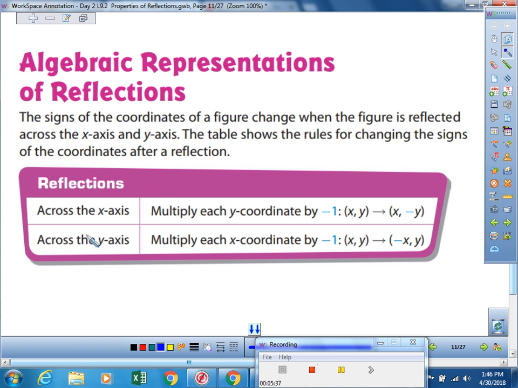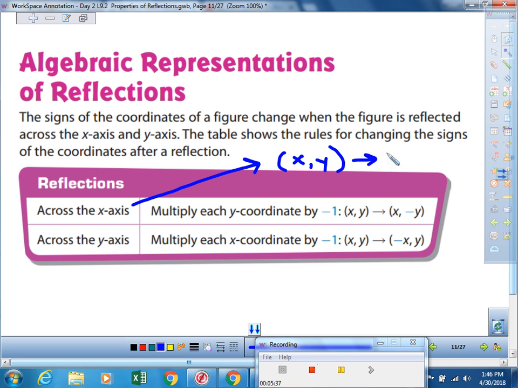Oh, let's talk about the algebraic rule first. Somewhere on that paper, I want you to write across the x-axis. When you go across the x-axis, you're going to leave the x alone. The y becomes negative. And then write across the y-axis.